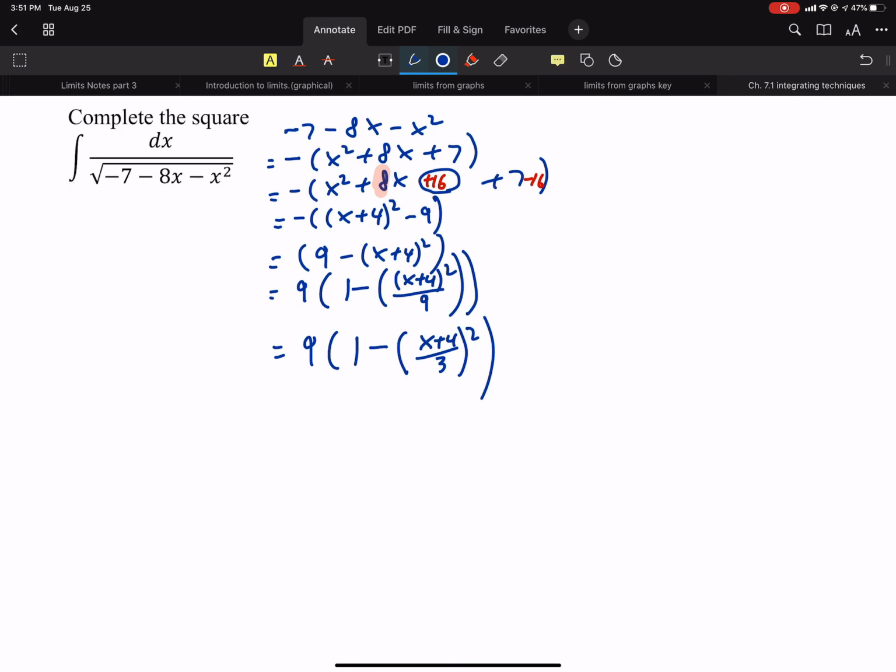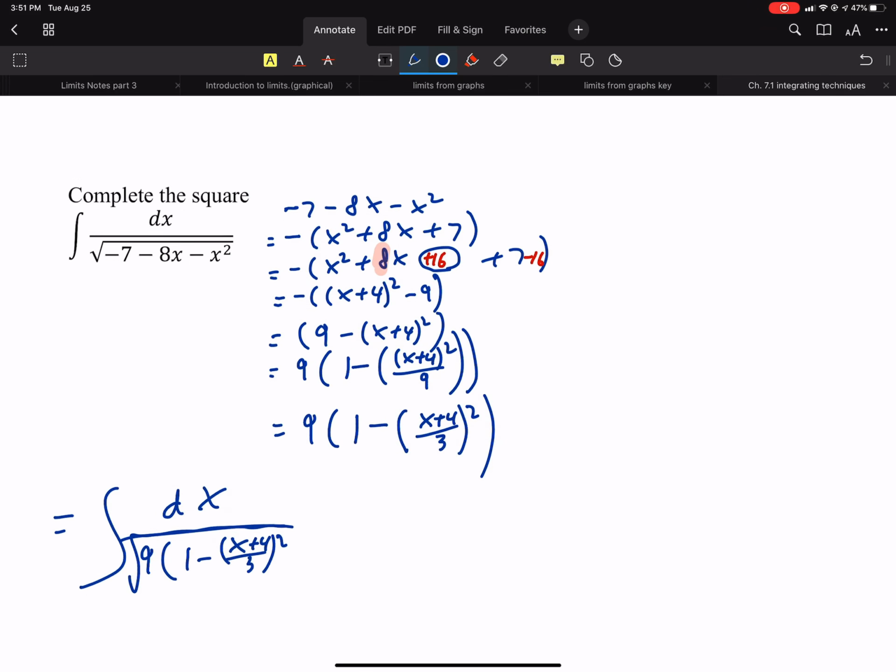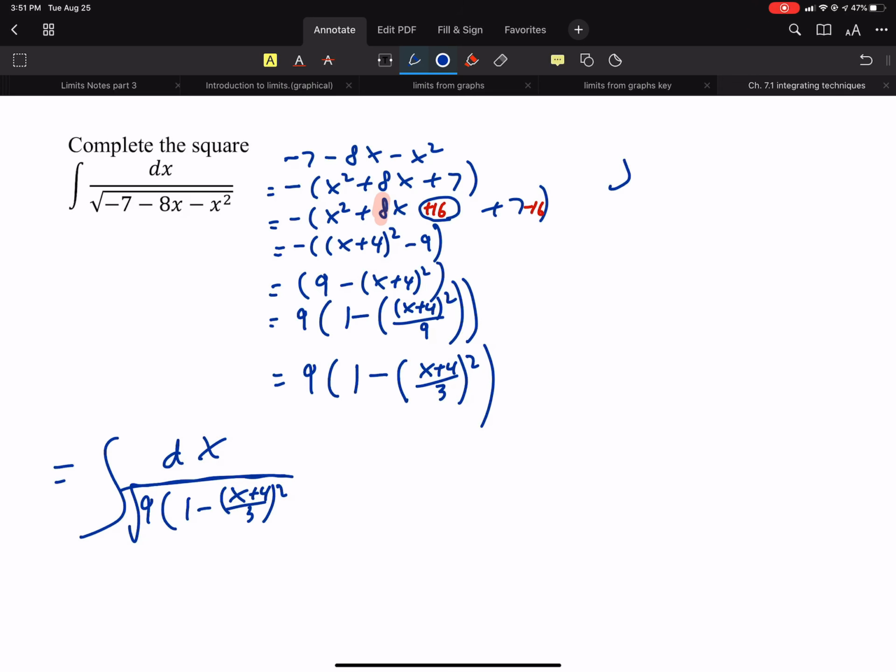Hopefully, if you don't, just pause, look over what happened. That's the equivalent. So now, beautifully, this becomes this. Now, remember this. This is your target that you're working on.